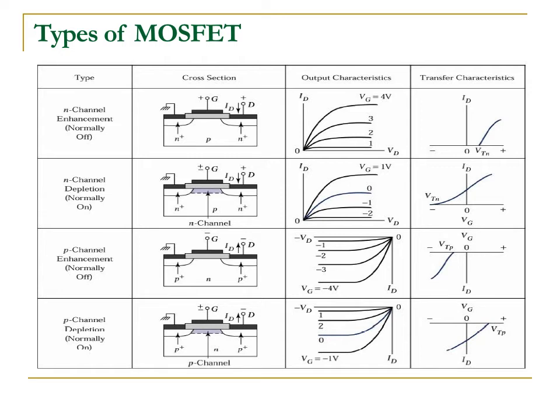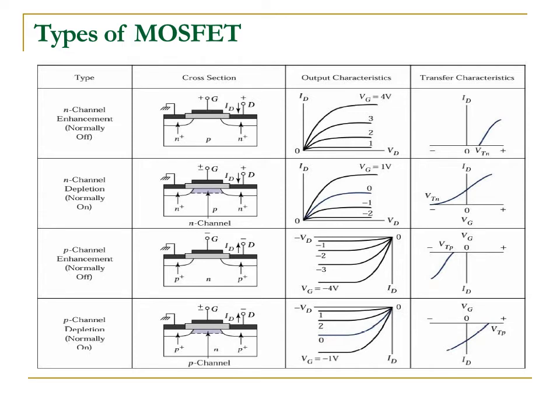For example, in a normally off condition, this is how the output characteristics look, with the values. When it is in the enhancement mode, the values are higher compared to that in the depletion region. In the depletion region, we see that it's negative, whereas in the enhancement mode the drain current is higher.